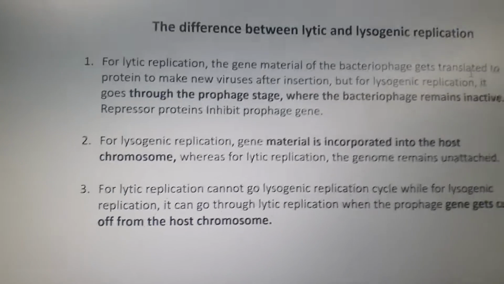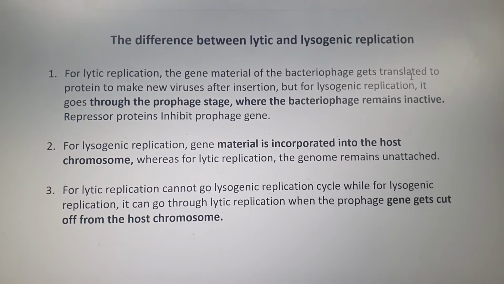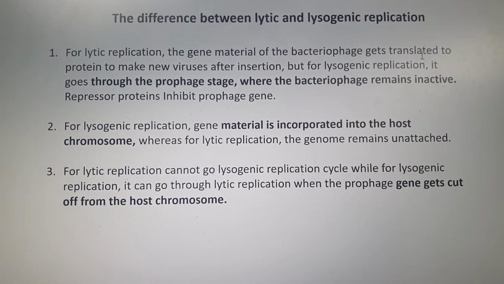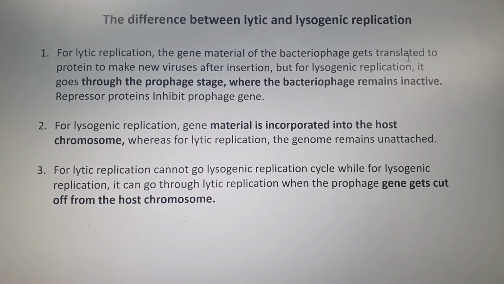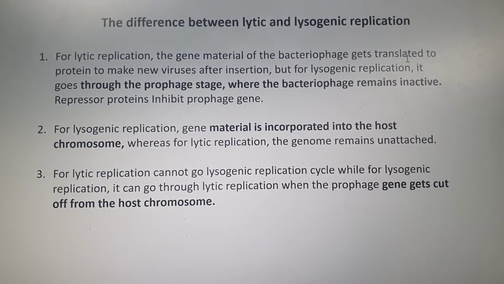Before we talk about lytic and lysogenic replication, there are three differences between them. For lytic replication, gene material of the bacteriophage gets translated to protein to make new viruses after insertion.